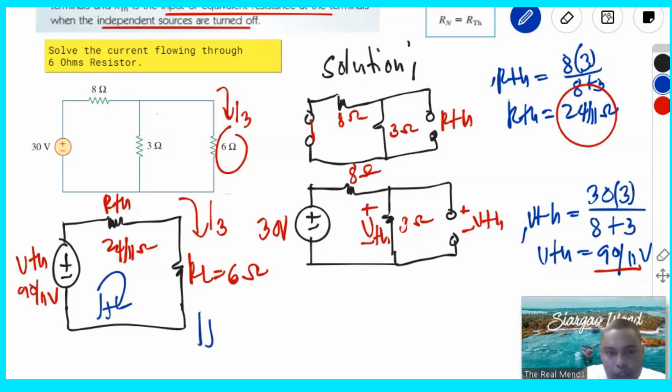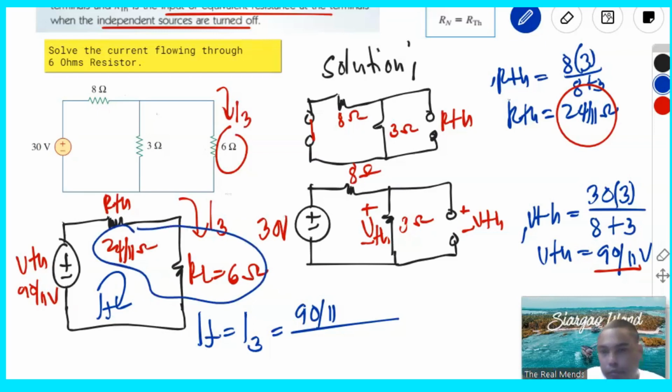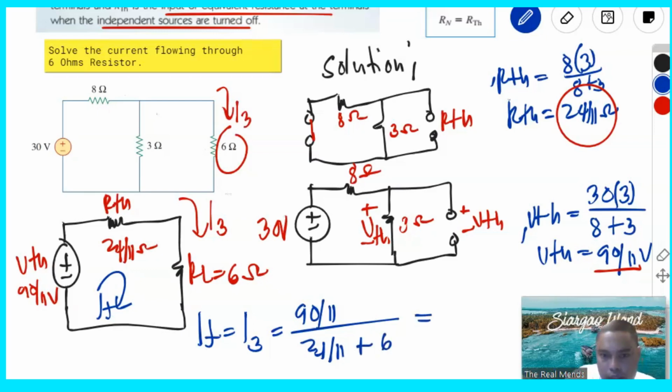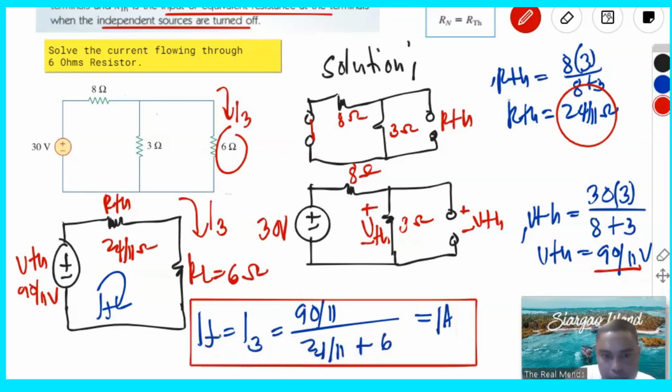So our I total is the same with the value of I3, that is the VTH, that is 90 over 11 all over the sum of these two resistors, that is 24 over 11 plus 6 ohms, and then that gives us 1 ampere. Okay, so the same answer again, that the value for the 6 ohms is 1 ampere.